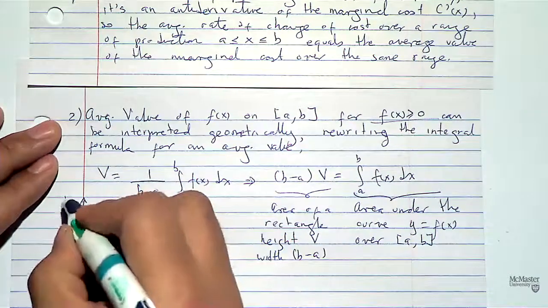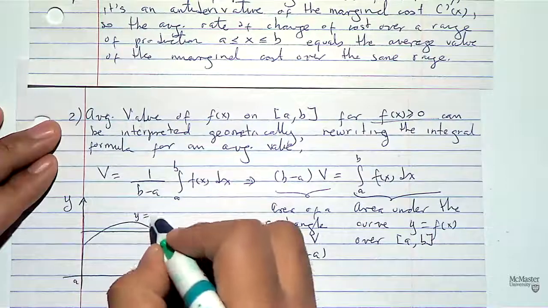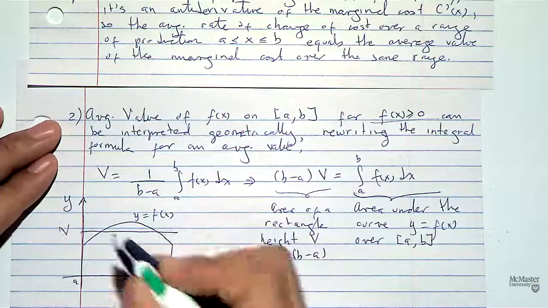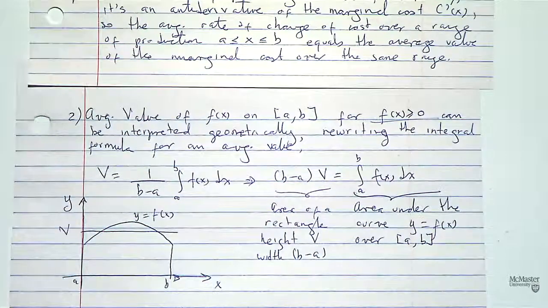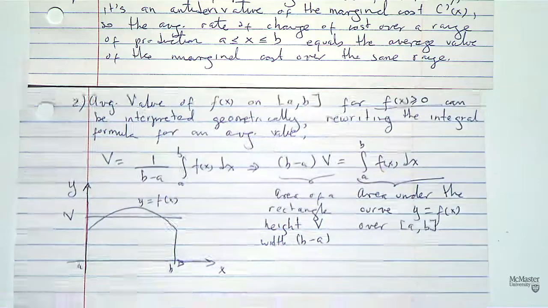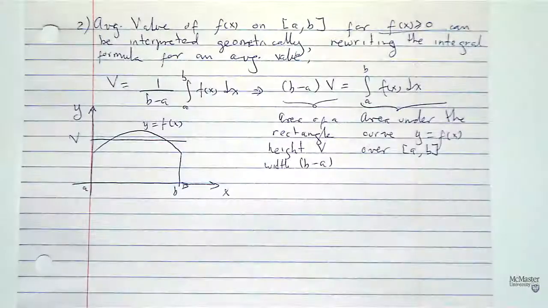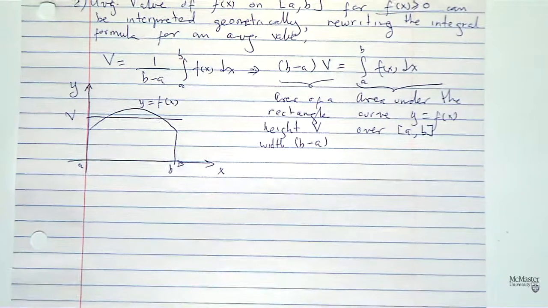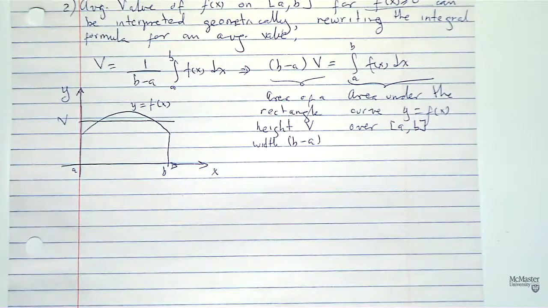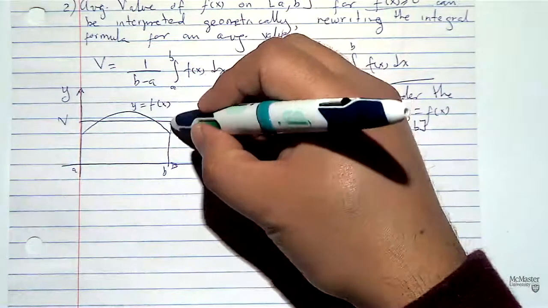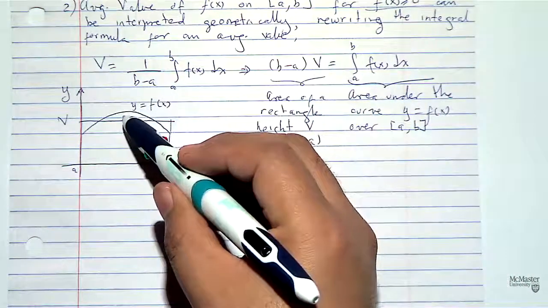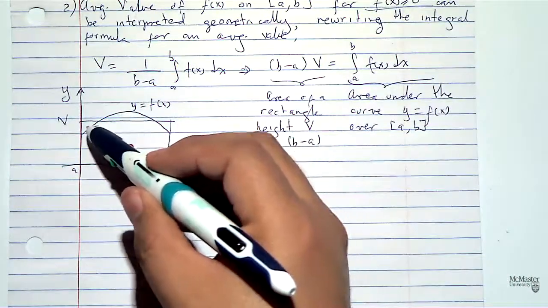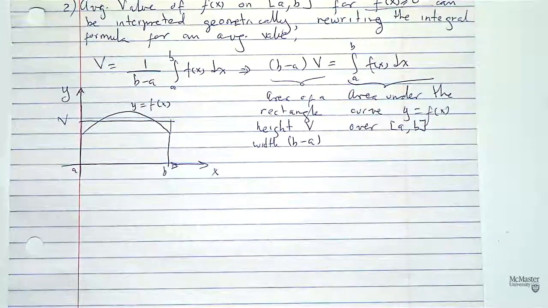So this is the x-axis, this is the y-axis, this is the curve y equal to f of x, and this is b. What is the whole idea? That you have a constant function such that the area of that constant function over the interval is the same as the area under the curve. I mean, here you have an excess, this is above b, this is below b, but hopefully the area will be the same, right? So the effect will be the same.